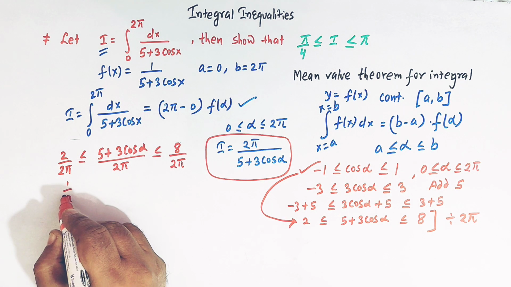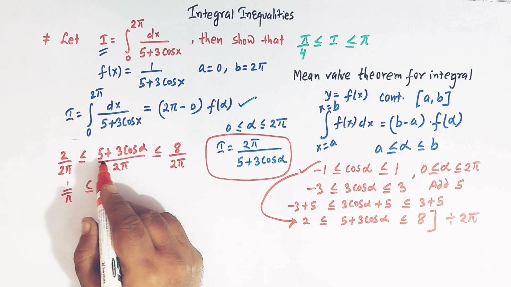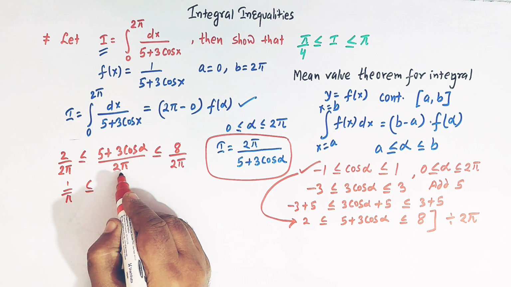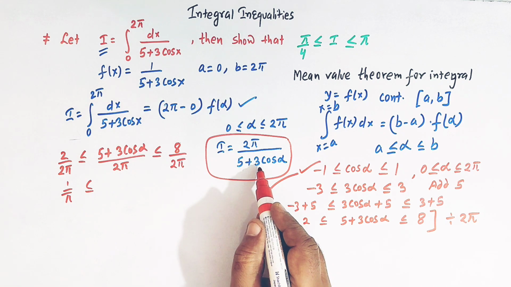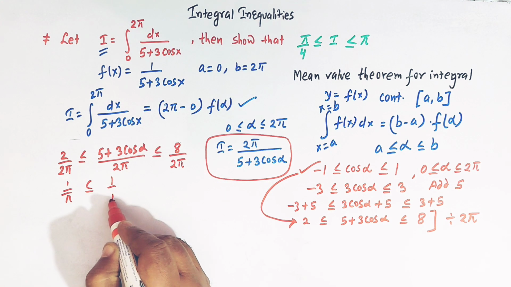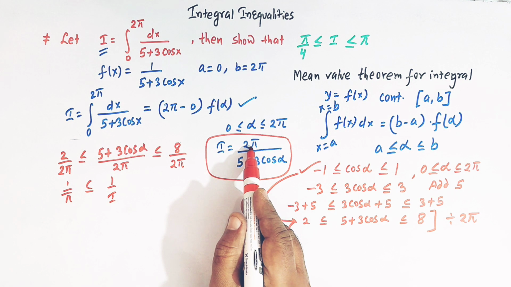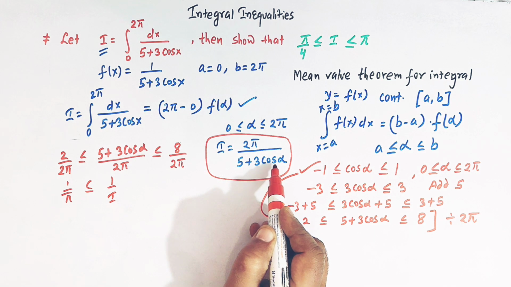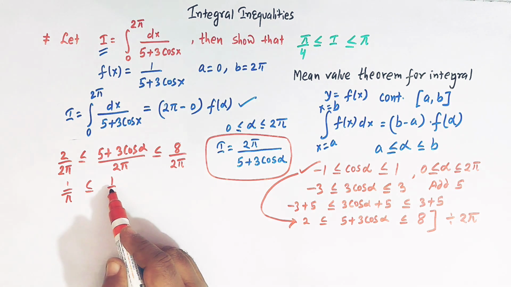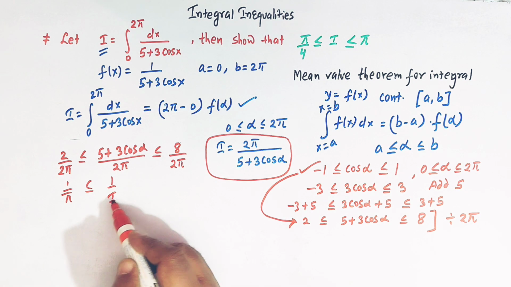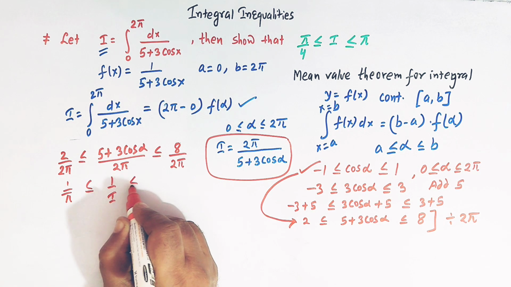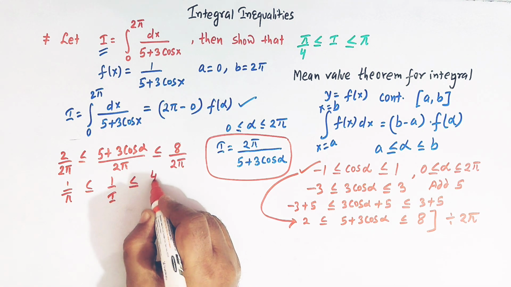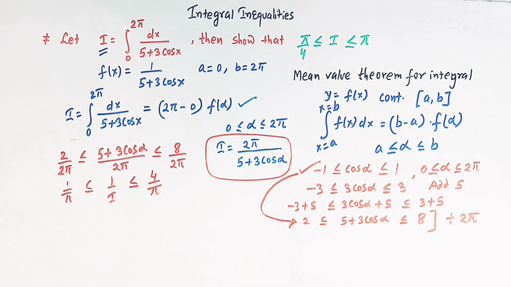Here we have 1 over pi. Then 5 plus 3 cos alpha over 2 pi can be written as 1 over I, because I is 2 pi over 5 plus 3 cos alpha, so this is the reciprocal of I. And 2 4s, so this is 4 over pi.